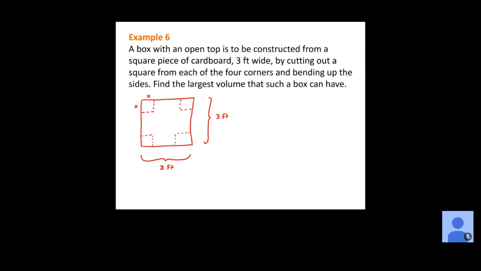All right, so what would be our volume formula in general? Let's start with that, right? Because that's what we're trying to find, the largest volume. So once we make this box, what's the volume formula going to be for that box?